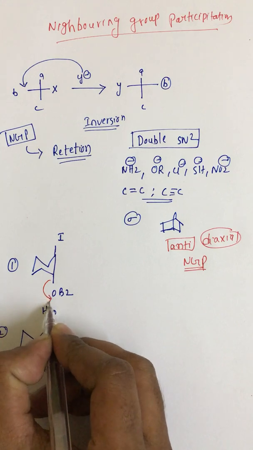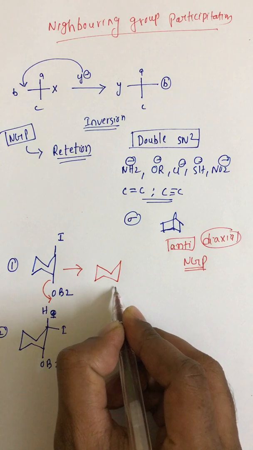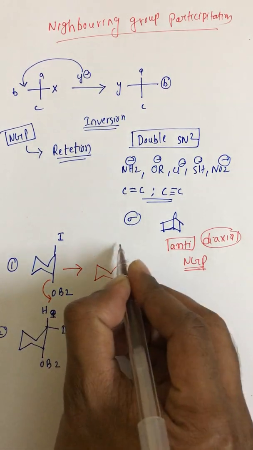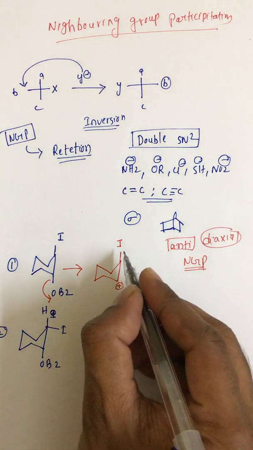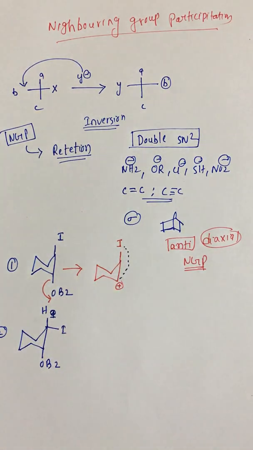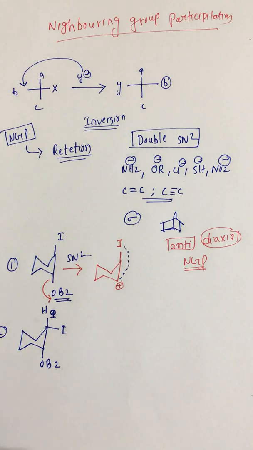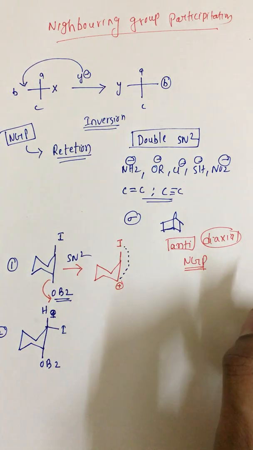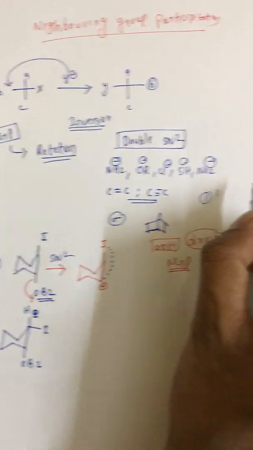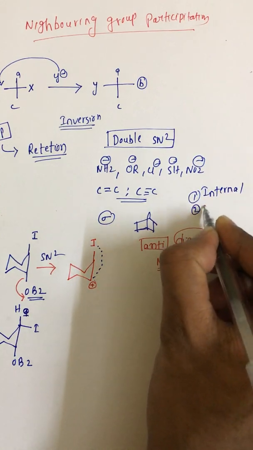Imagine that this is leaving from here. So now here we have positive charge, and this iodine is coming from the equatorial side, because this is an SN2 reaction, right? So the leaving group is going from the axial position, and here we have two types of nucleophiles: one is the internal nucleophile and the other is the external nucleophile.